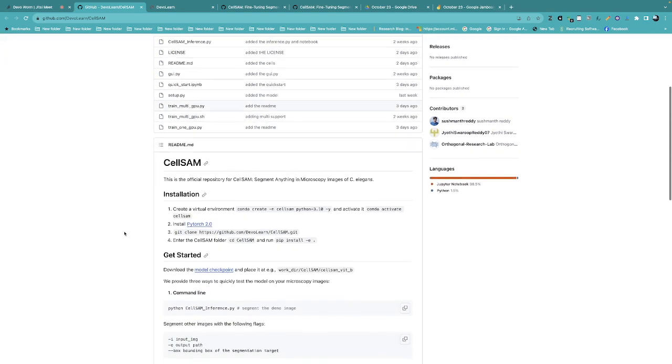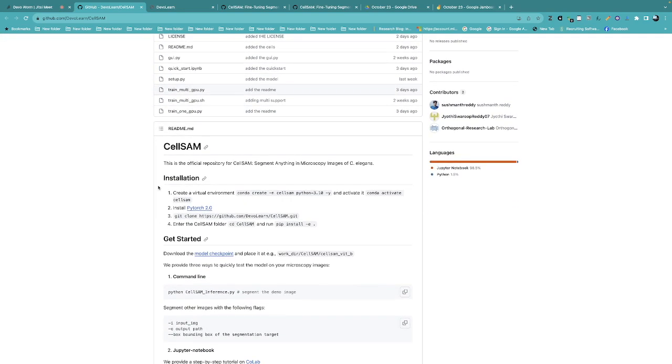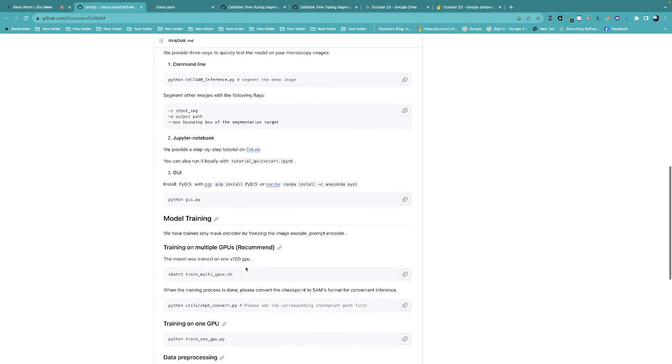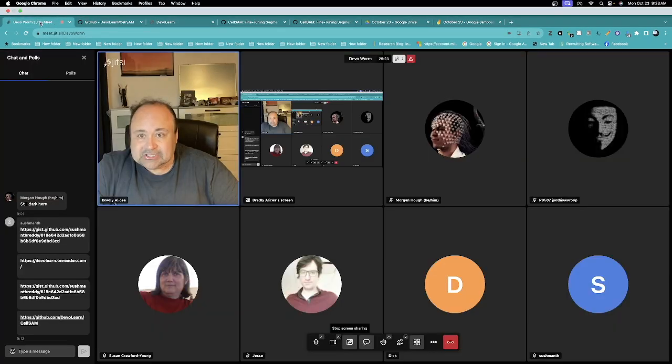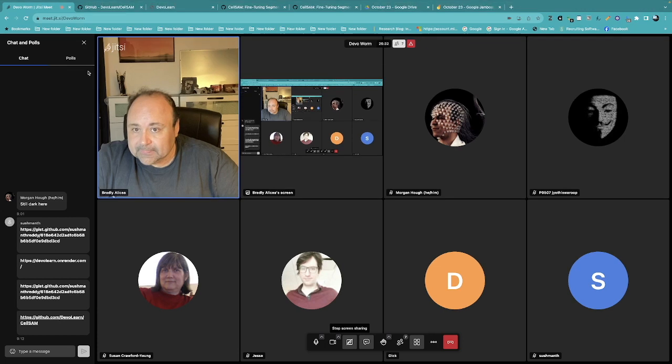This is one of the models that Sushmanth was talking about, CellSAM. This tells you how to install it. And then there's always this issue of training on GPUs. A lot of times you have to pay to get access to GPUs to train these models, so they don't just come out of thin air. So I'm looking forward to seeing that.